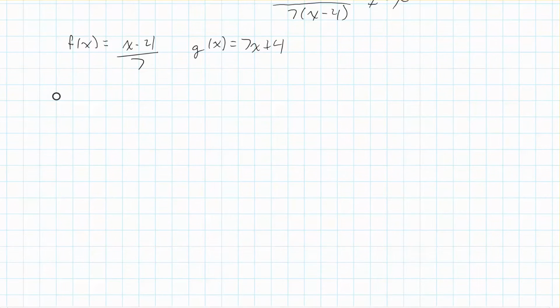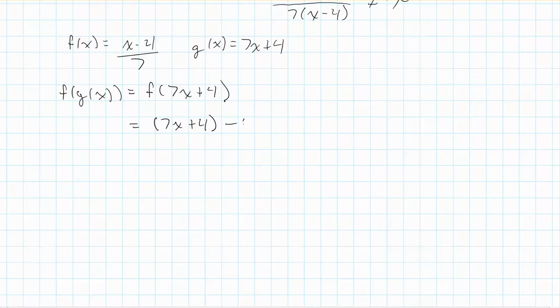Okay, so then let's first do f of g of x, and so this would be f of 7x plus 4, which would then be 7x plus 4 minus 4 over 7. Then simplifying, we can clearly see that 7x plus 4 minus 4 is just 7x over 7, which is just equal to x. Alright, so f of g of x is x.